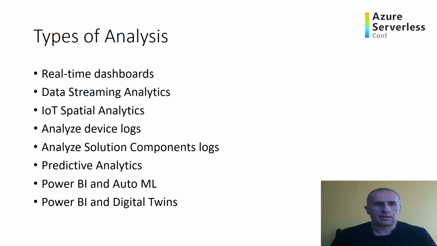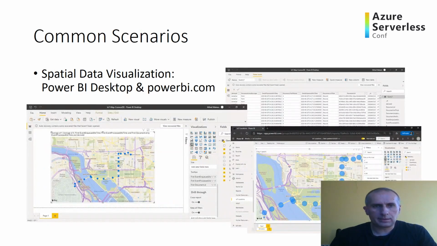We can also analyze solution component logs. We can have predictive analytics with Power BI. We can integrate Power BI also with automated machine learning and with the digital twins service. Spatial analyses are available for both PowerBI.com and also Power BI Desktop.